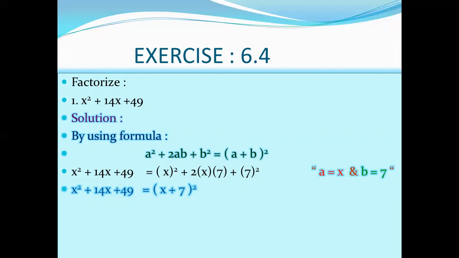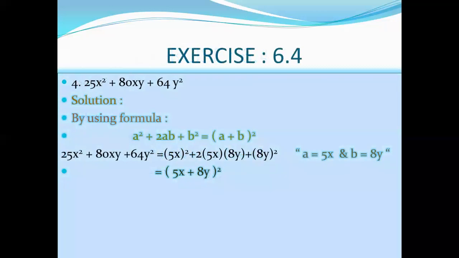So a is x and b is 7. We only put the values of a and b in the formula a square plus 2ab plus b square: x square plus 2 times x times 7 plus 7 square, and this is equal to a plus b whole square, that is x plus 7 whole square. Come to the next one.